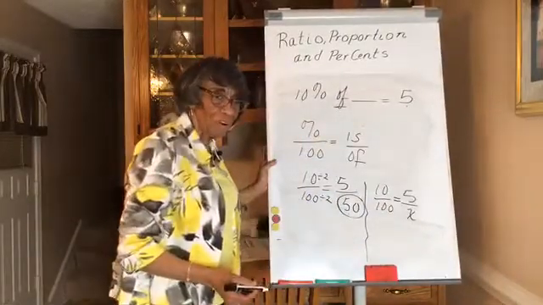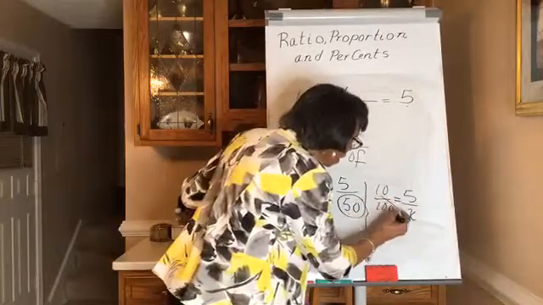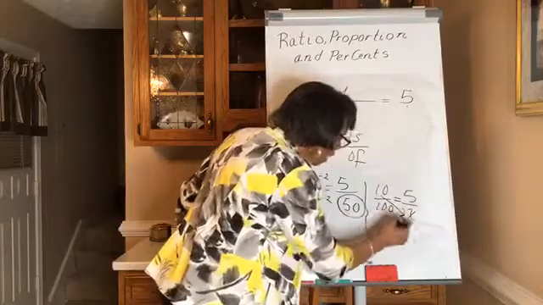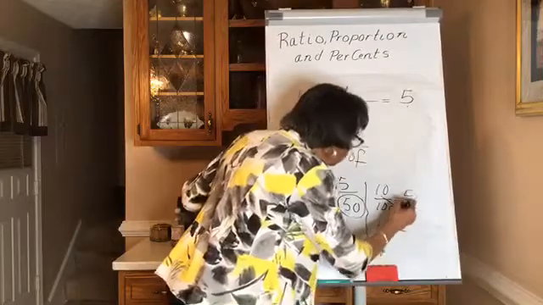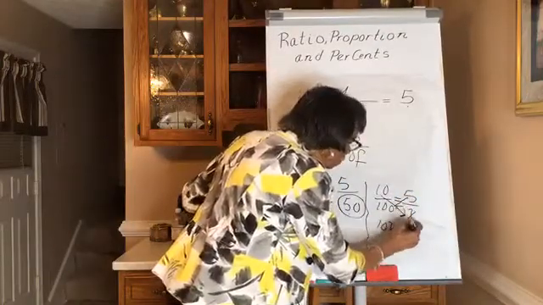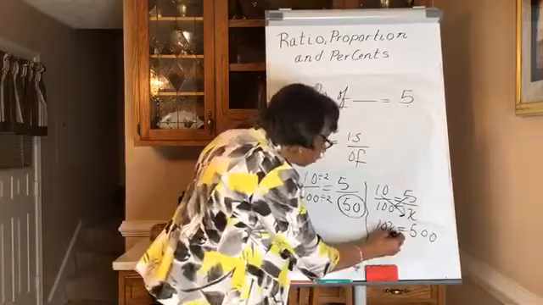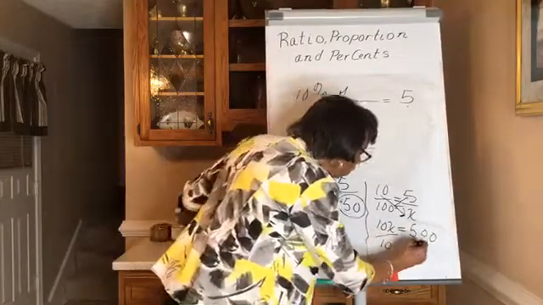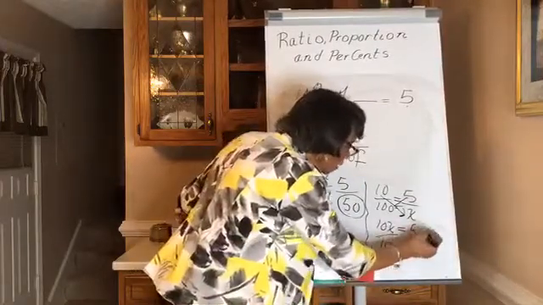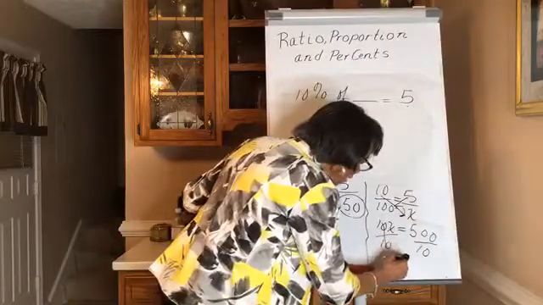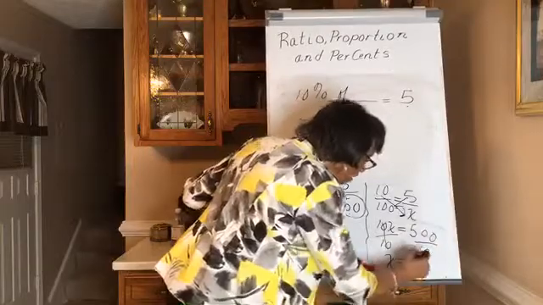I don't know why they call it cross multiplication, because it's not a cross, it's diagonally. So 10 times x is 10x equals 5 times 100, which is 500. Divide both sides by 10. And if you divide this side, we have x equals 500 divided by 10 is 50.